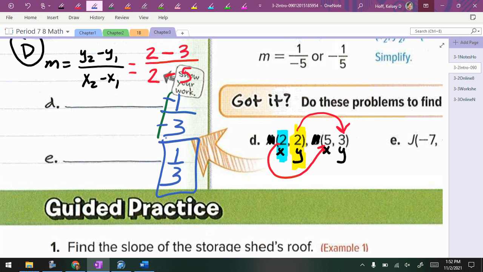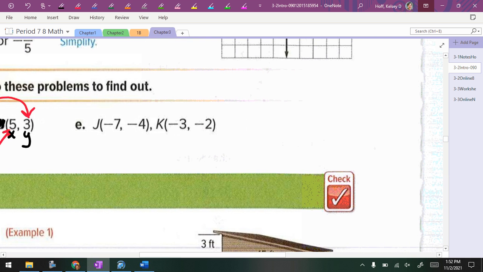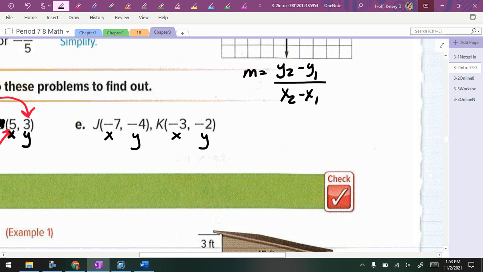Now, where it gets tricky is when we start putting in a bunch of negatives. Look at got it E. They want us to find the slope between J and K. So first I'm going to label X, Y, X, Y. My slope formula is Y2 minus Y1 divided by X2 minus X1.